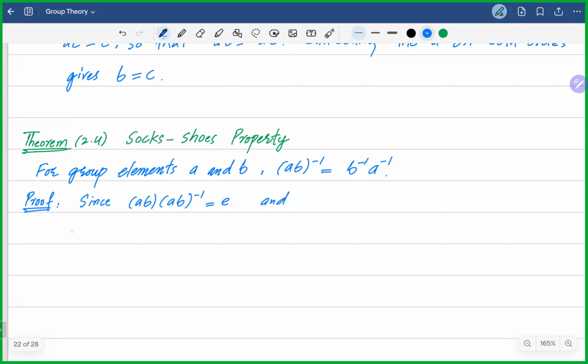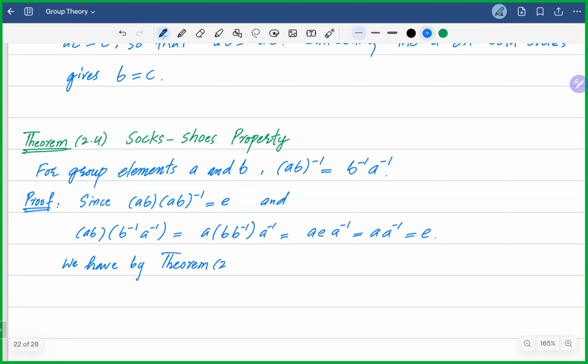And AB times B inverse A inverse is A(B B inverse)A inverse, and this is A E A inverse, and this is A A inverse, and this is E. So we have, by Theorem 2.3, that inverses are unique, that (AB) inverse is going to be B inverse A inverse, and that's it.